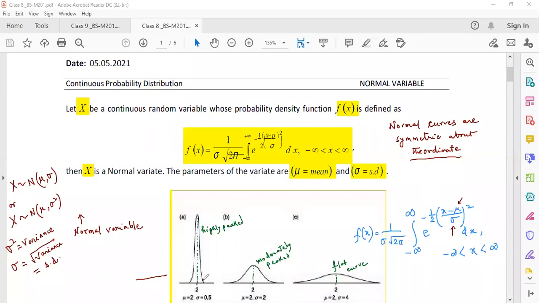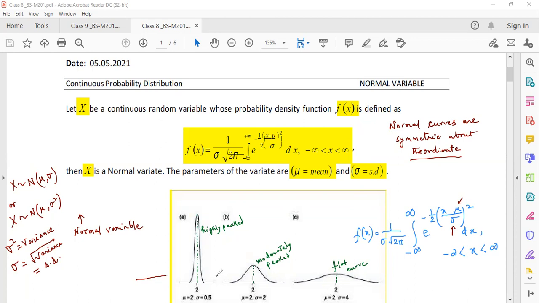Right hand side of the curve contains 50% of the total area, and it is true for all these three curves, so that the total area, if we integrate it from minus infinity to plus infinity, should be equal to 100%, that is 1. So in terms of percentage, the total area is 100%, left will contain 50% and right will contain 50%. And in terms of probability, the total area will be unity. Left will contain 0.5, right will contain 0.5.